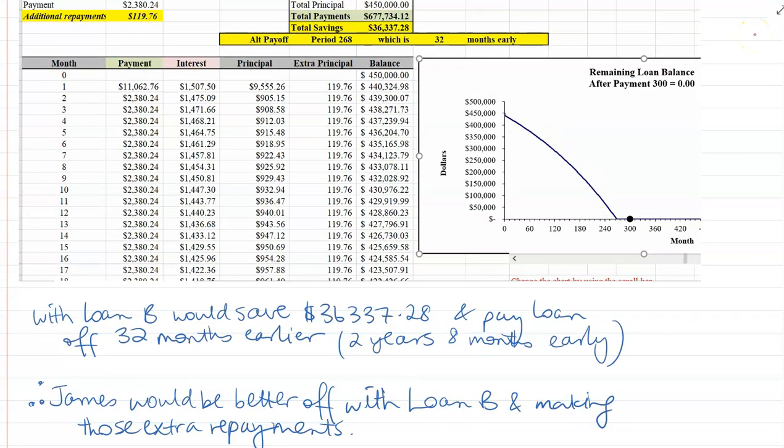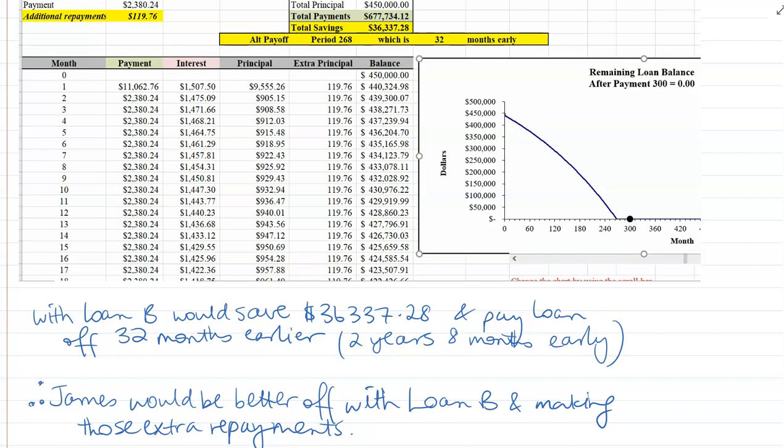All right, so considering everything we've covered in this lesson, the earlier you adjust your loan to include additional repayments, so extra repayments on top of what the bank's telling you to pay, as well as whenever you can put in little lump sums here and there, the better.